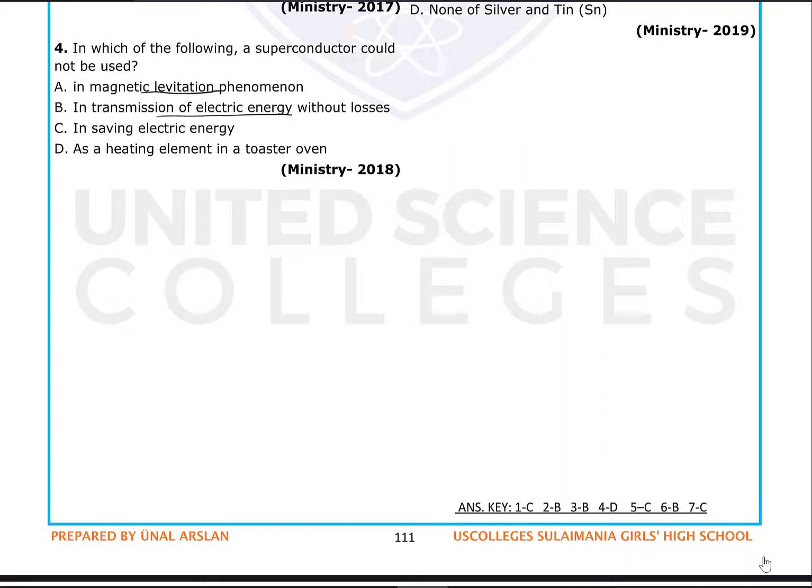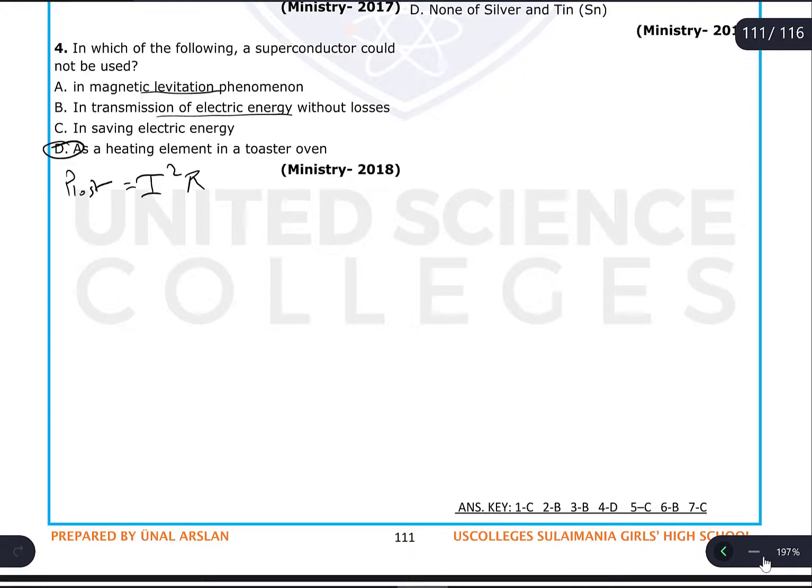In saving electrical energy, correct. As a heating element, not correct, because to use a device as a heating element, it must have a resistance. Otherwise, there will be no energy lost. Remember, power lost is equal to I squared R, as we learned in chapter 6. There must be a resistance to produce heat.